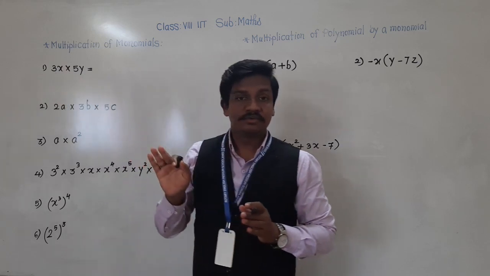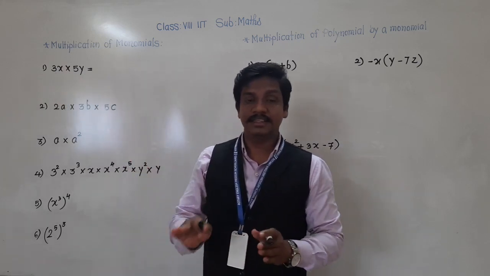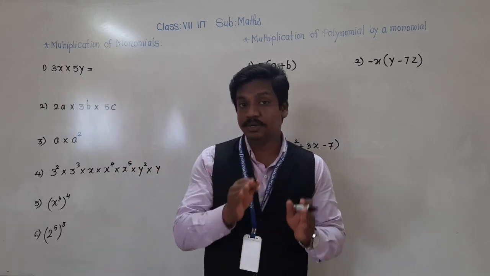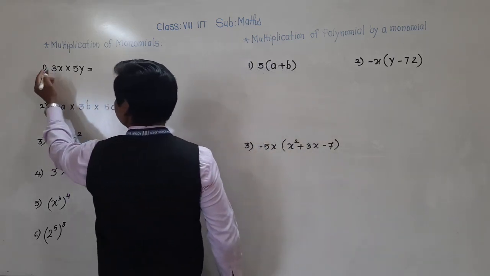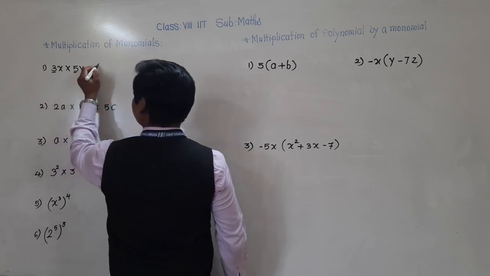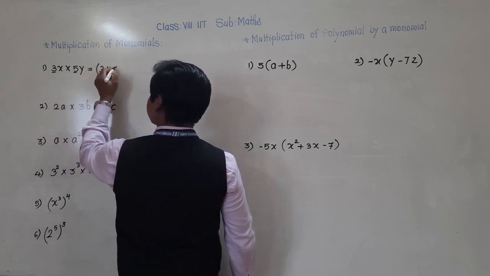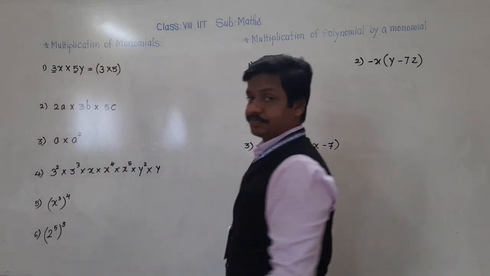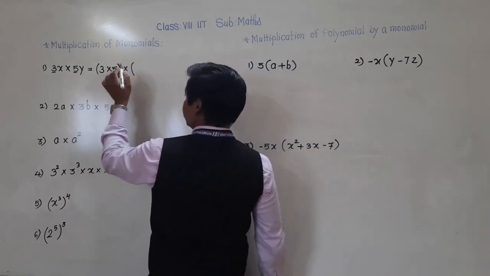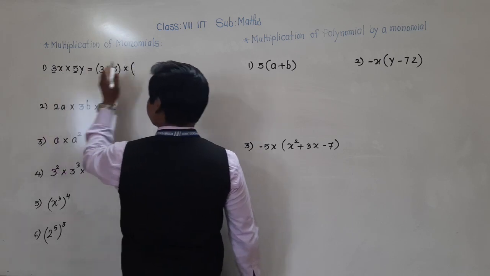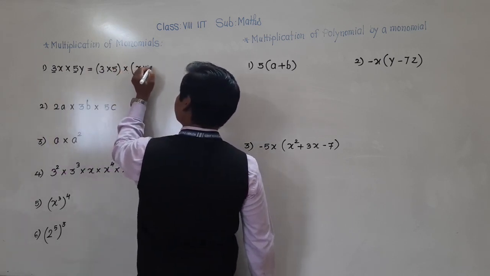First, we have to multiply the numerical coefficients. Which are the numerical coefficients here? 3 and 5. So multiply numerical coefficients. Then secondly, we have to multiply the literal coefficients x and y. x into y.